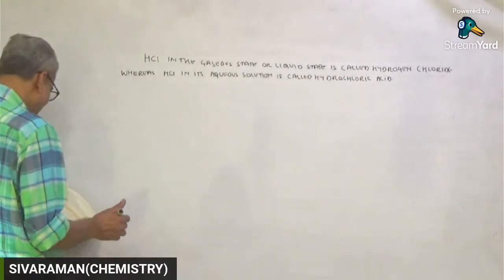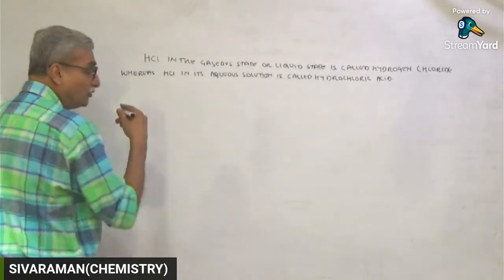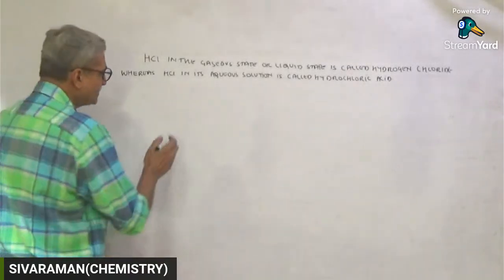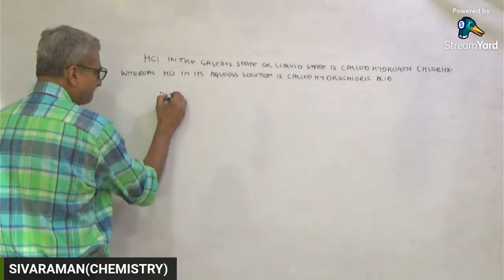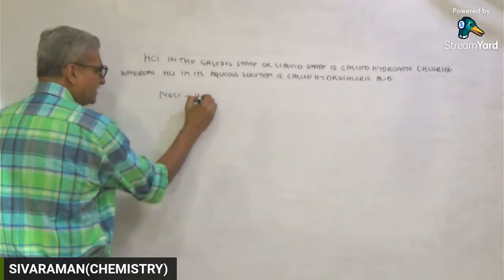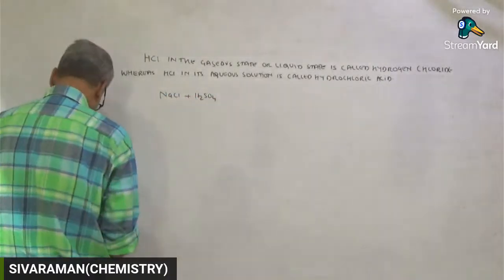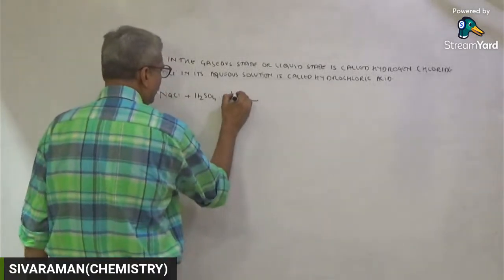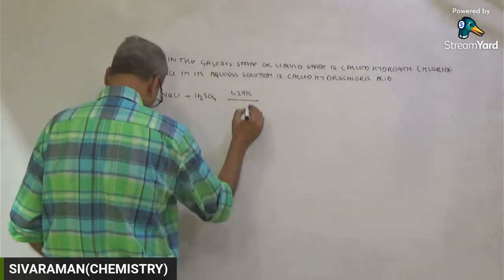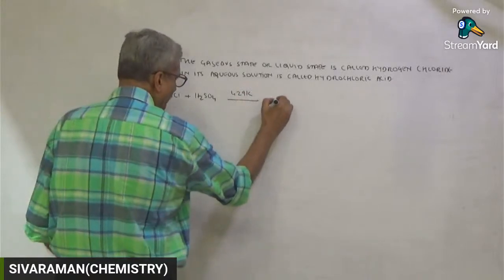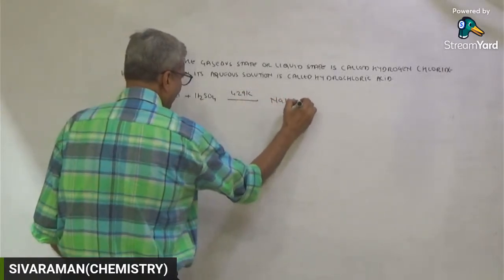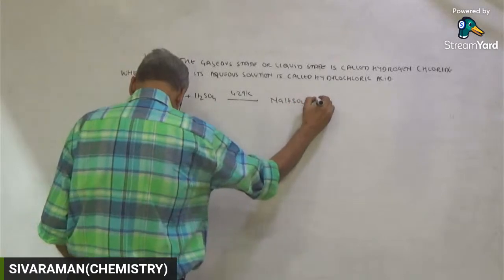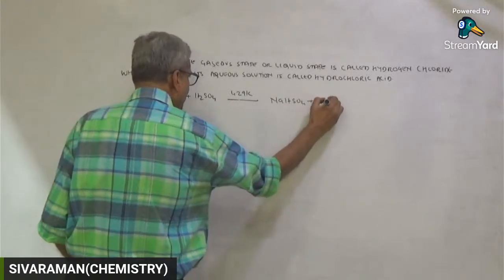Now how do we prepare it? Simple, what you do in your practicals. You take sodium chloride, NaCl, and react with concentrated sulfuric acid. If you heat it up to 429 Kelvin, you get sodium bisulfate, NaHSO4, plus HCl.